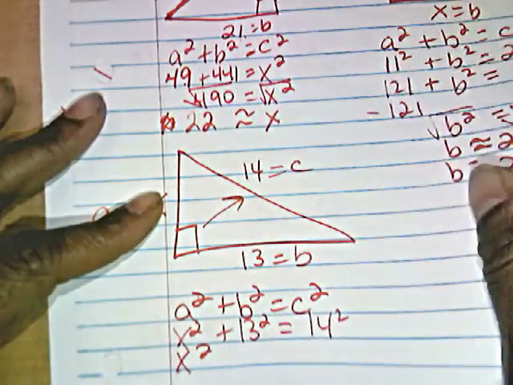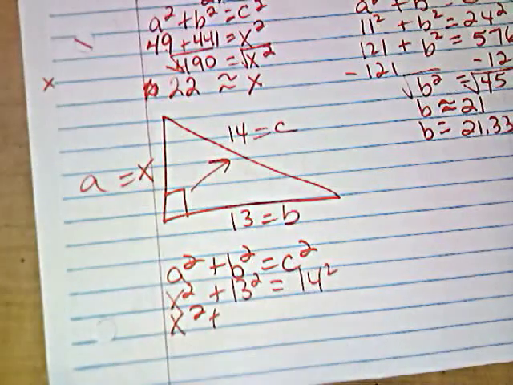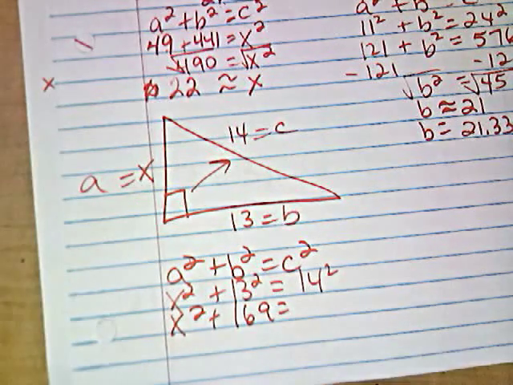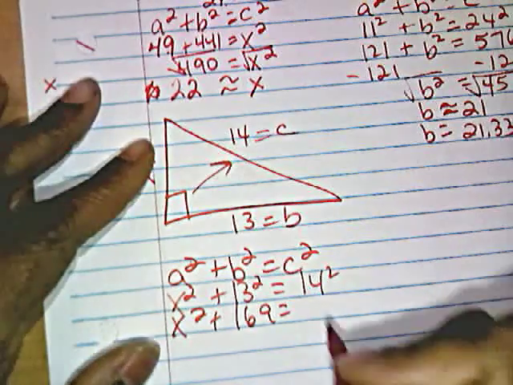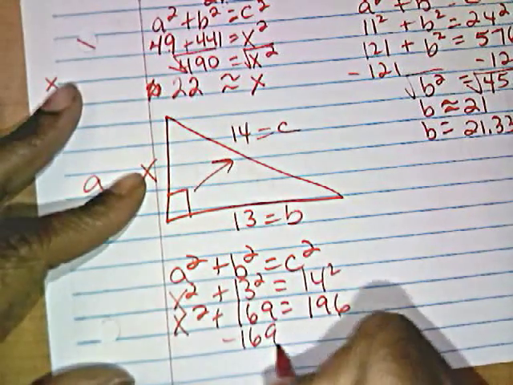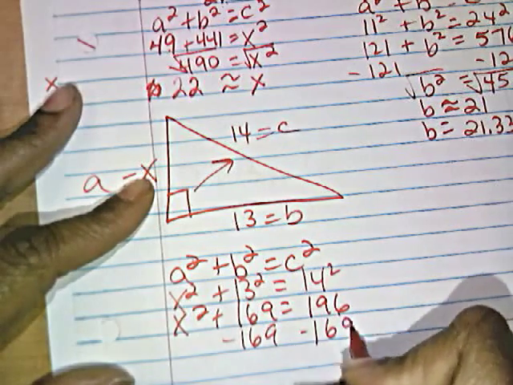X squared plus 13 times 13 is 169. I should have known that one. And I should know 14 times 14 too. It's going to come to me here, 196. Solving for x, I subtract 169 from both sides.